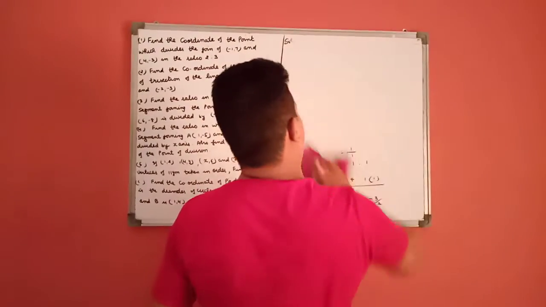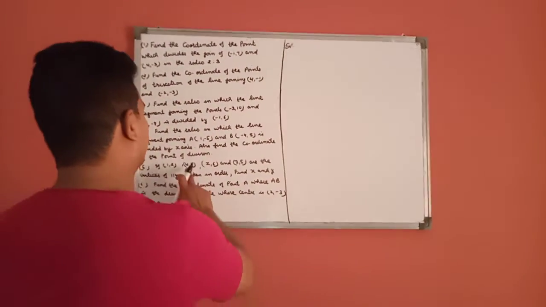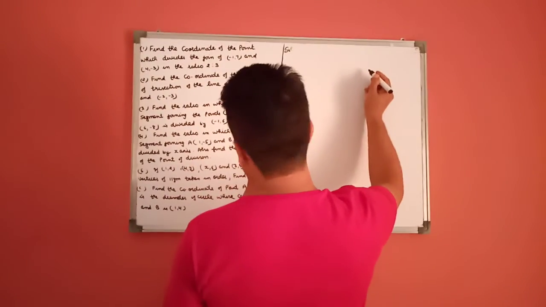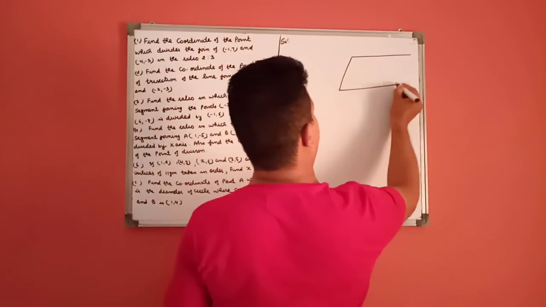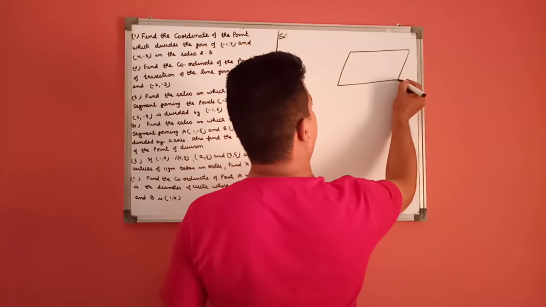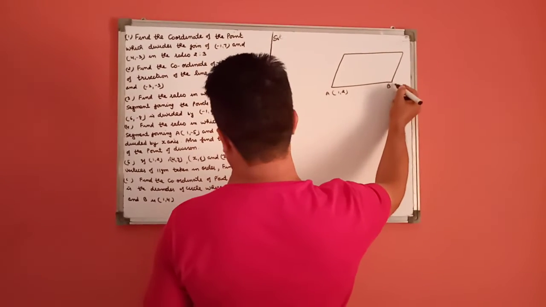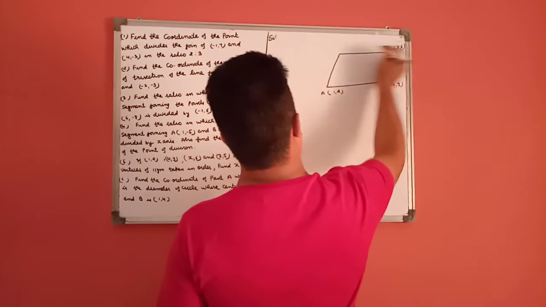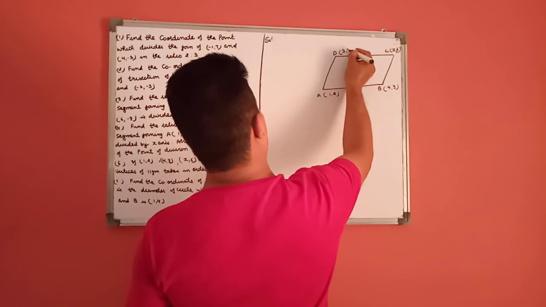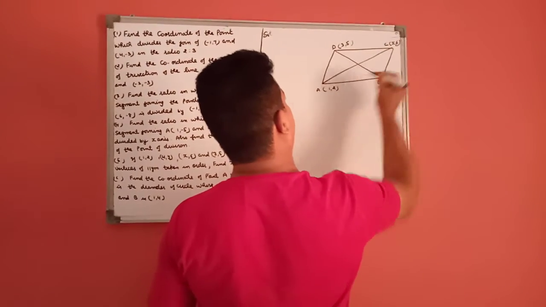In question number 5, the statement is: if (1, 2), (4, y), (x, 6) and (3, 5) are the vertices of a parallelogram. This is the parallelogram, this is the vertex A (1, 2), this is B (4, y), this is C, and this is D. So this is diagonal AC, this is diagonal BD.